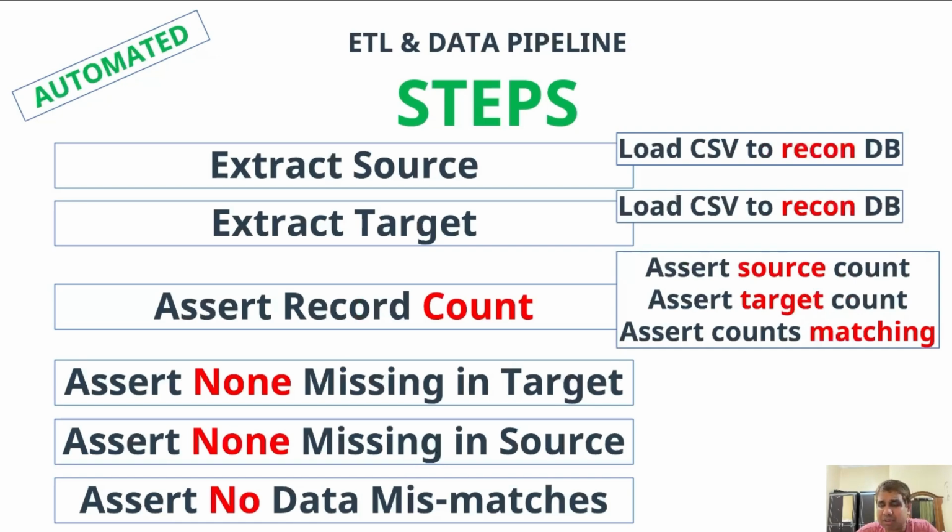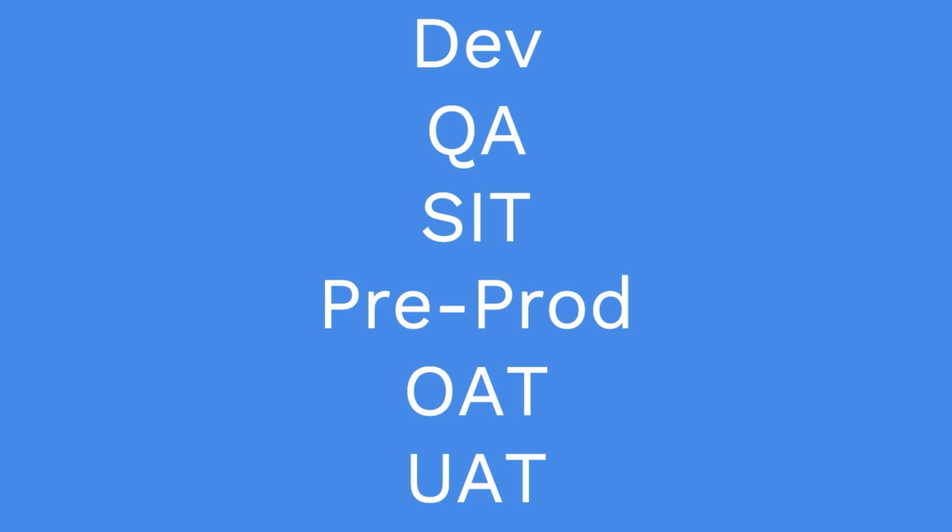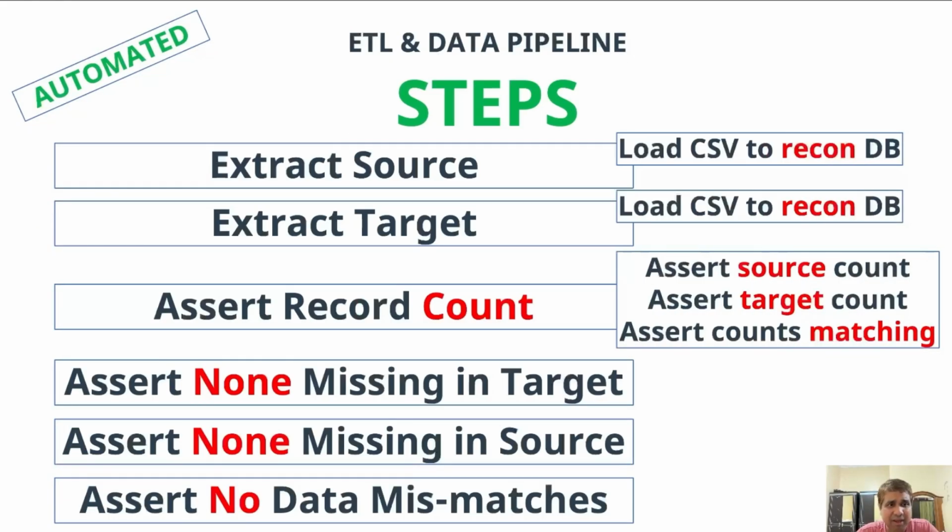That's the benefit of automation, and you can run in various environments like dev, QA, SIT, pre-prod, and so forth. It will make you efficient where human errors you can almost eliminate, and the execution life cycle becomes shorter and shorter. Those are the benefits you might already know by now.